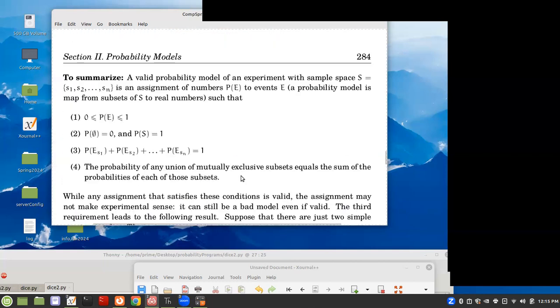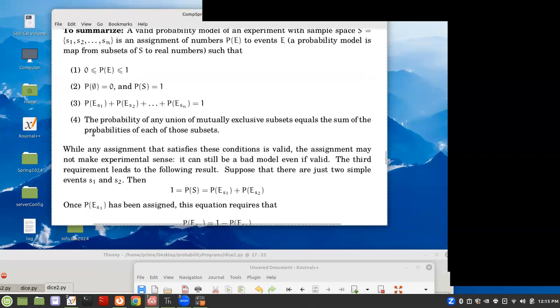And there's some extra, these are the ones we talked about, and I mentioned this fourth one. The probability of any union of mutually exclusive subsets equals the sum of the probabilities of each of those subsets. So if you union together two subsets or two events and there's no outcomes in common, then the probabilities have to add.